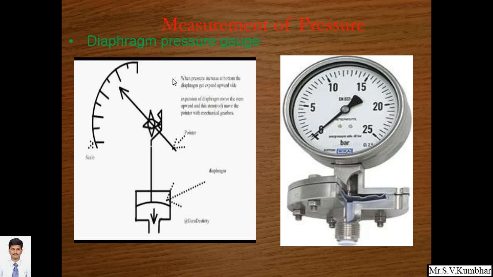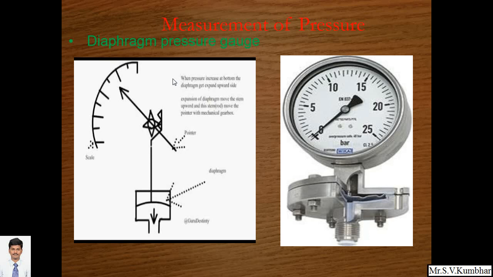Diaphragm pressure gauge. In diaphragm pressure gauge, corrugated diaphragm is used. Corrugated diaphragm is in the form of capsule. When positive pressure or negative pressure is applied on diaphragm, diaphragm gets deflected and this diaphragm is connected to lever.